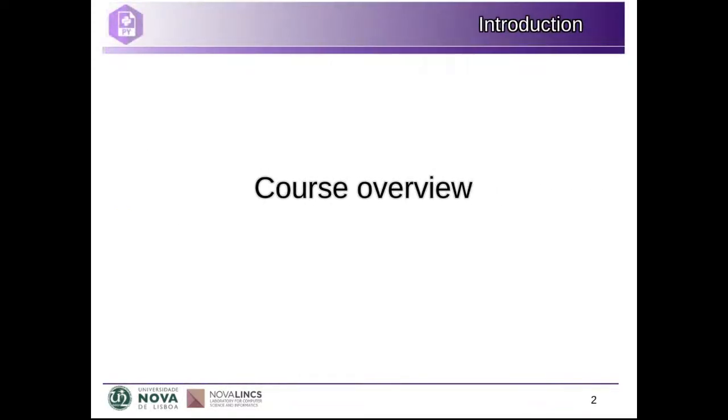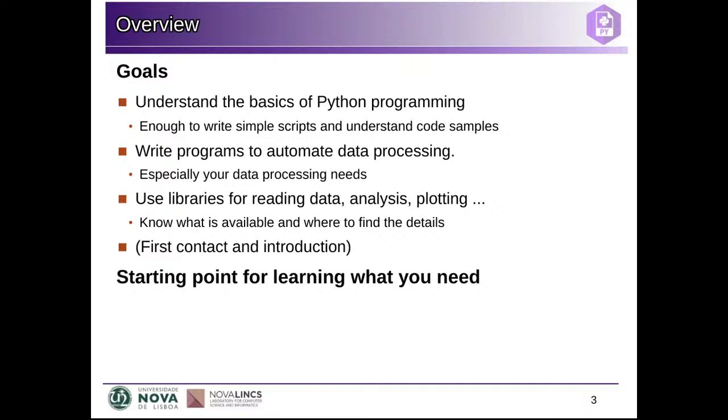First, for a brief overview of the course, the main objective here is that you understand enough Python programming that you are able to write programs to automate data processing tasks that you have. And also that you have access to useful libraries that you can use for plotting graphs, for computing statistics, for reading data in several formats, and so on.